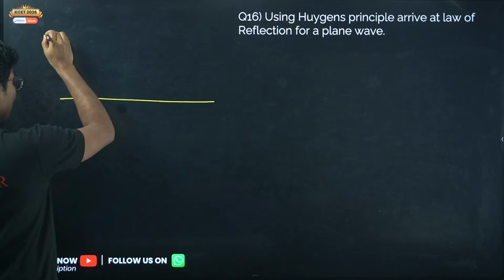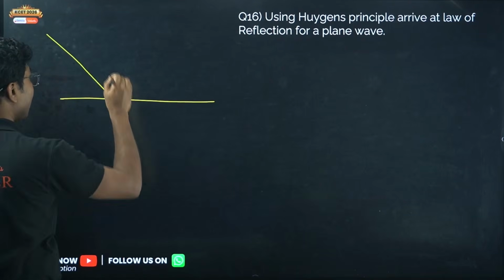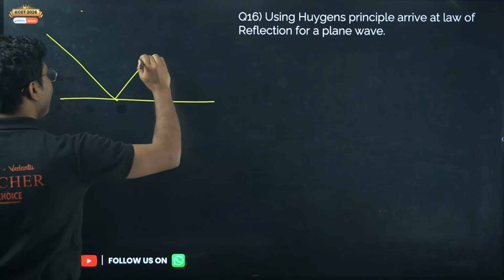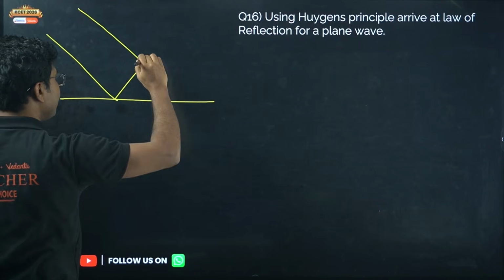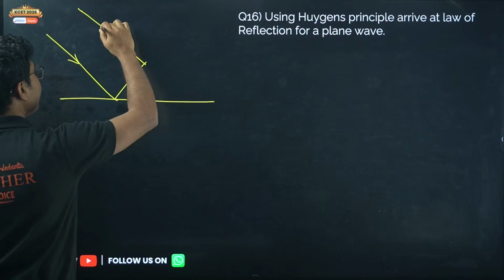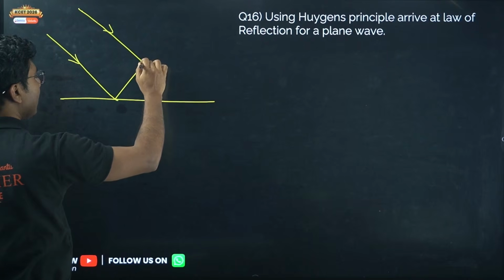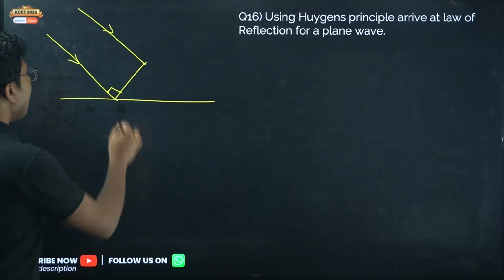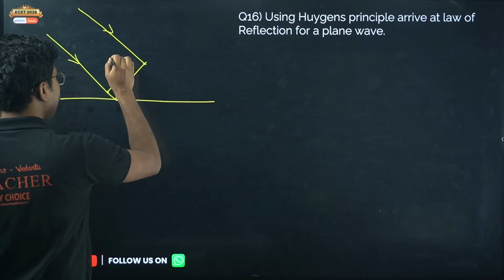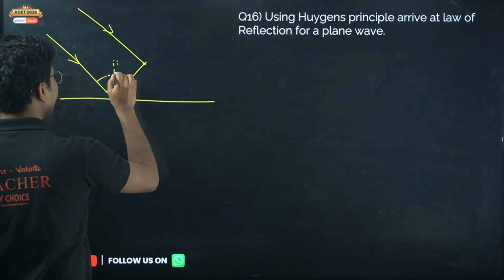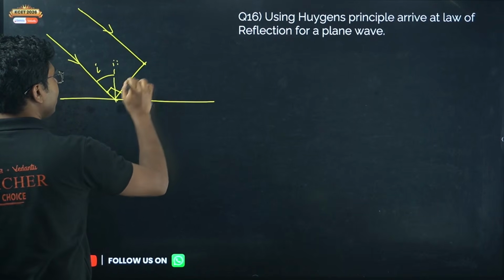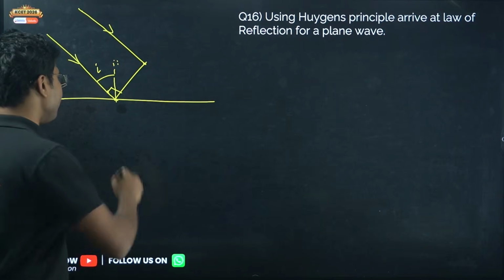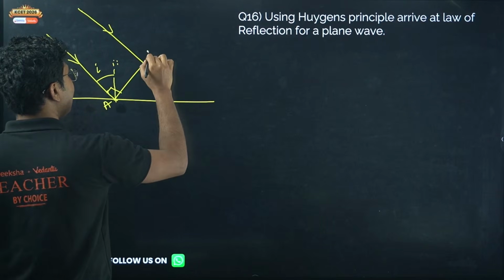Obviously, to prove that, you have to take 2 rays of light falling on a mirror, and by the time this ray falls, another ray is yet to reach the mirror. So the first ray has already reached the mirror, and this ray is reaching only up to this point. So this angle is 90 degrees, and this is actually the angle of incidence. If you join these 2 points, because they are perpendicular, you will get the incident wavefront, say AB.